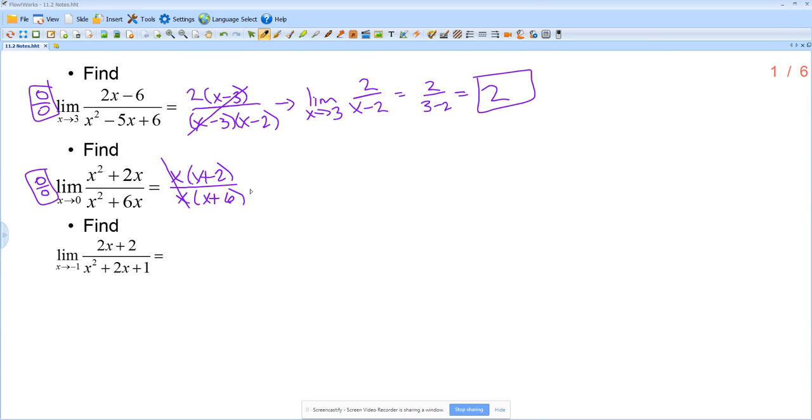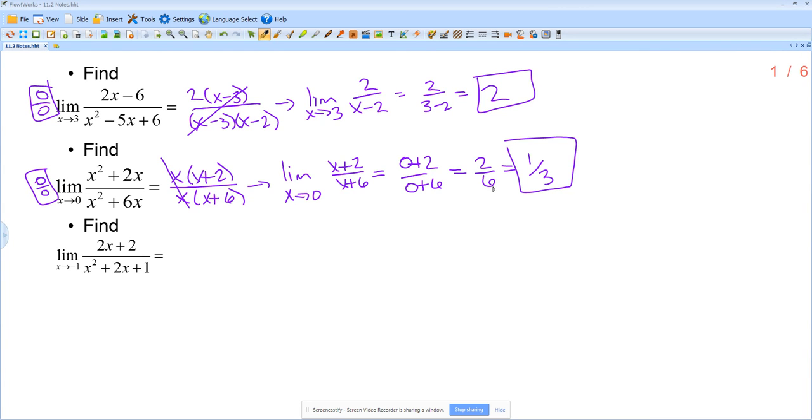My x's cancel. And I substitute this 0 in. So I have 0 plus 2 over 0 plus 6, which gives me 2/6, which is 1/3. So again, the limit here is 1/3.